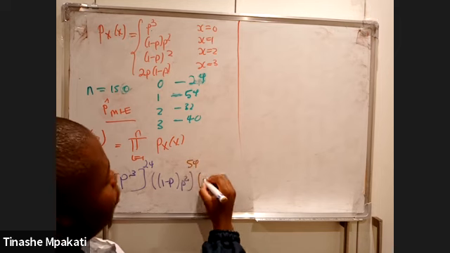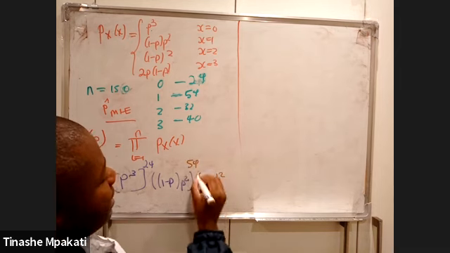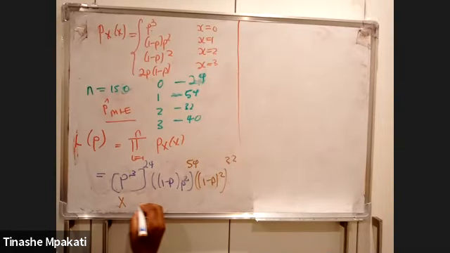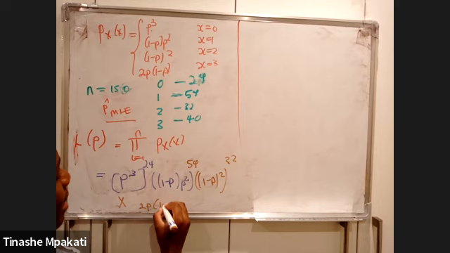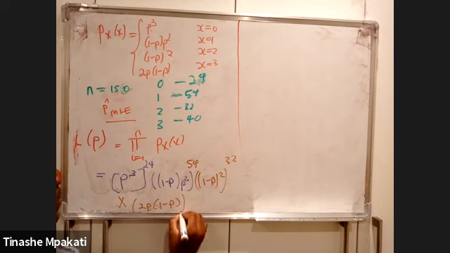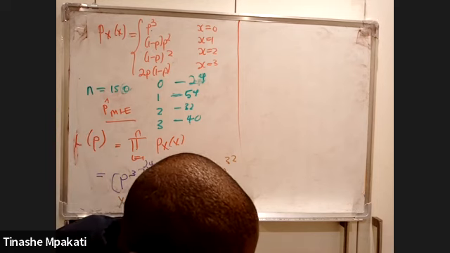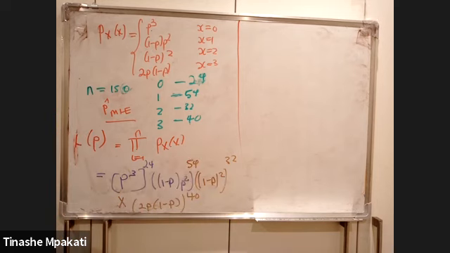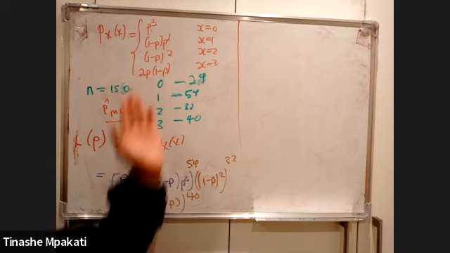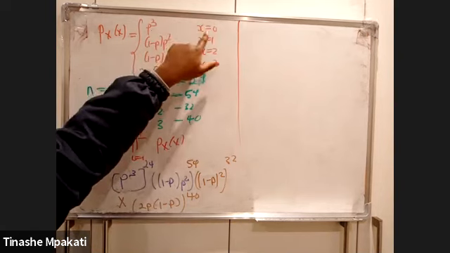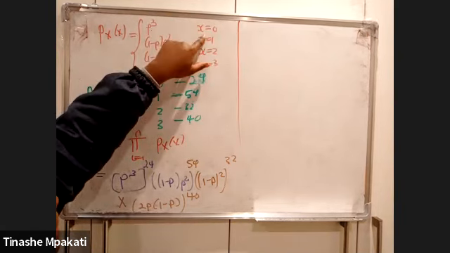Then you go further to have 1 minus p squared, and this only occurs how many times? 32 times. You multiply this by 2p times 1 minus p, and this is all to the power what? 40, like that. So that's what you simply do in a discrete case like this, where you're given a PMF, that is the value x and its probability.